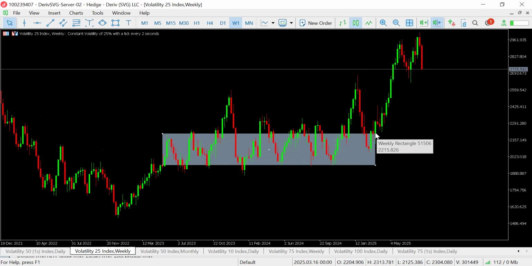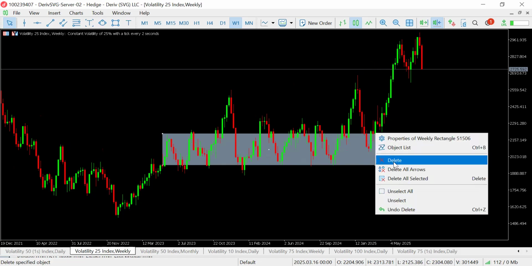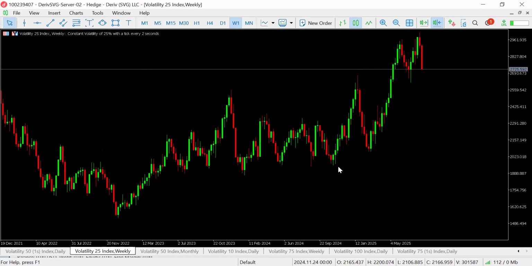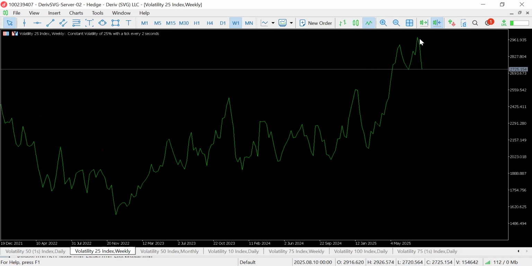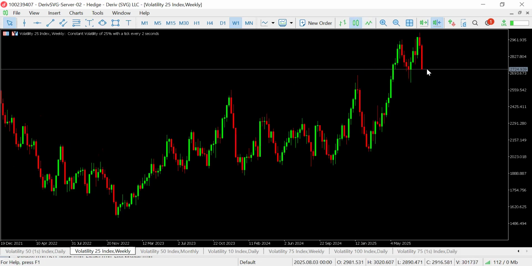If I start looking at most recent activity, I can therefore say that the market made a higher high, a higher low, a higher high, made a higher low, and somehow, if we go to the line chart, you can see that there's a higher high here and the market is currently retracing downwards. However, with a very large momentous bearish candle.